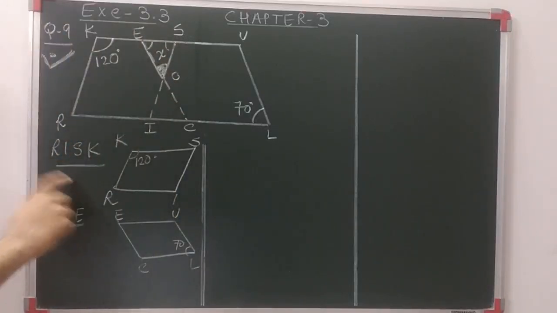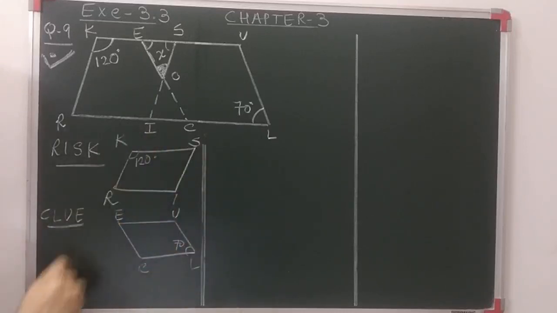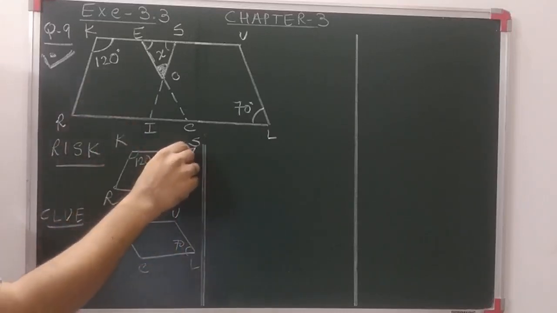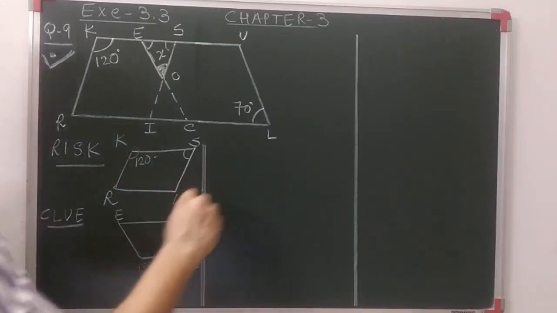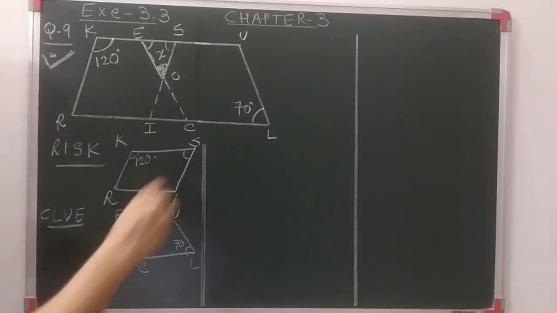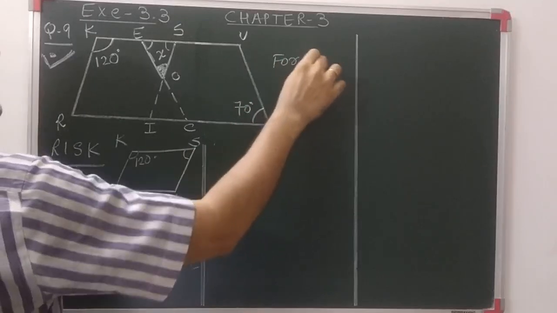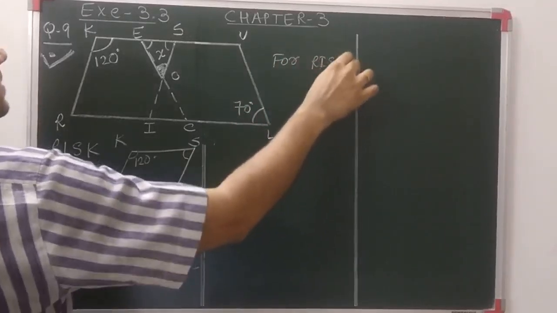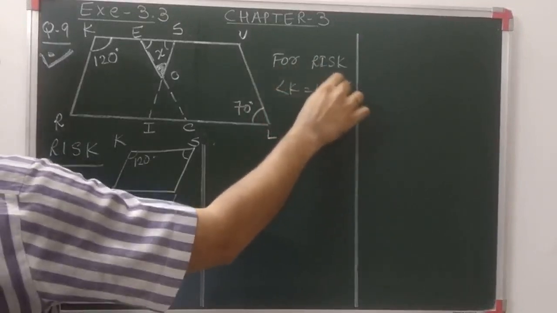Let's come to the first diagram, RISK. We can see that angle S and angle K have a relation. And the relation is what? Correct. They are supplementary, or we can say 180. They are adjacent angles. So for this parallelogram RISK, we can say that angle K is equal to 120 degrees.